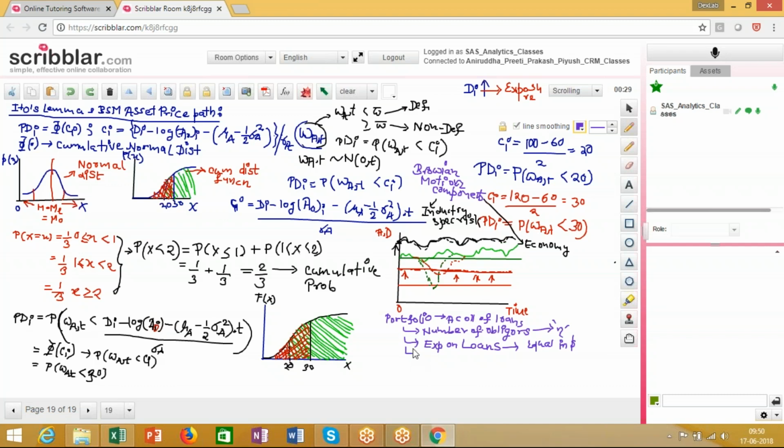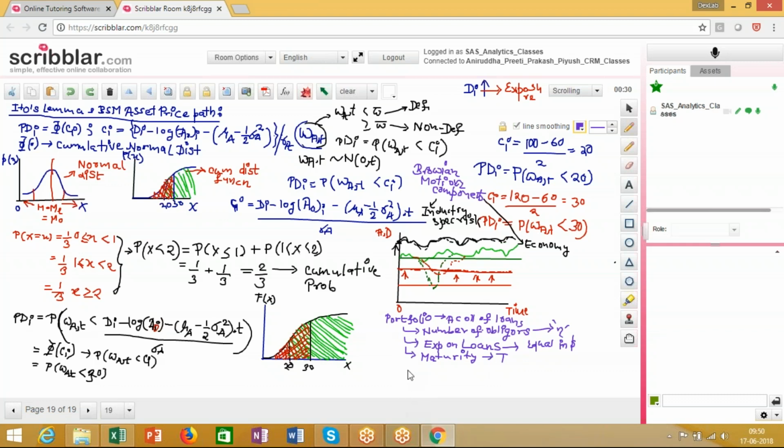So the maturity of the loans is the same, which is T. The maturity of the loan terminates at T. So all these loans have been given for T years and they terminate at the period T, right?